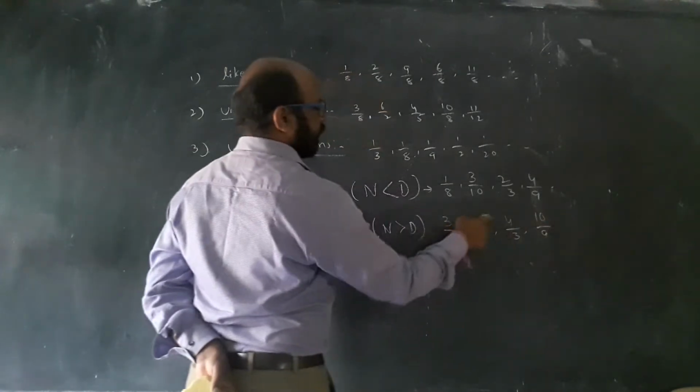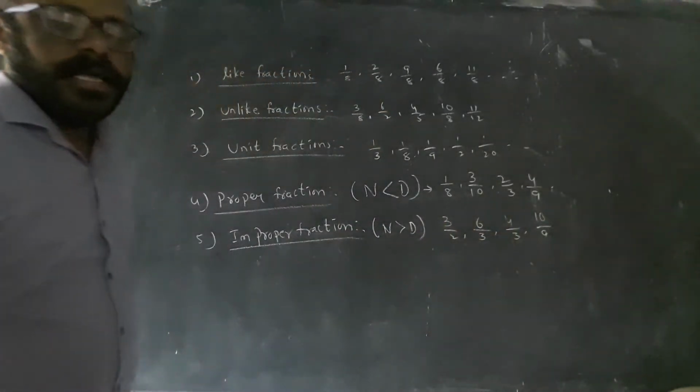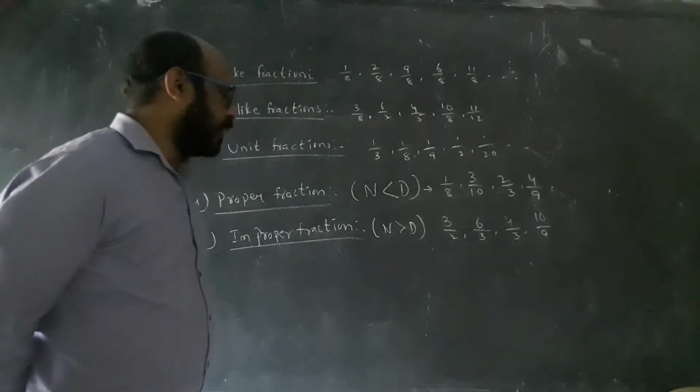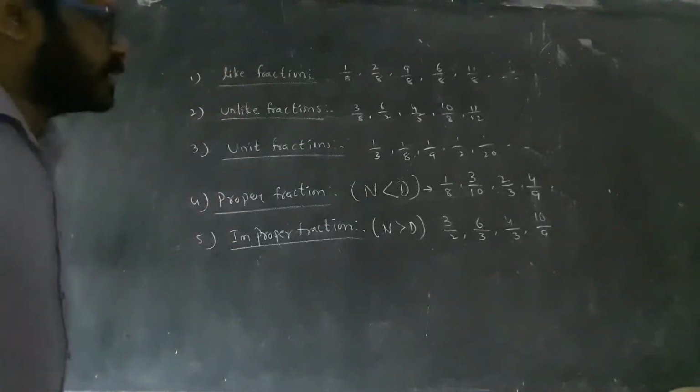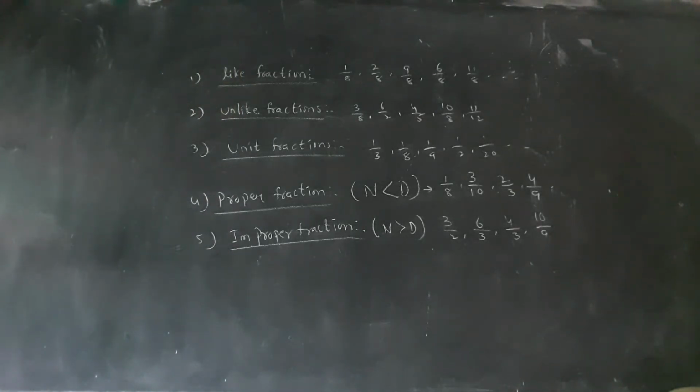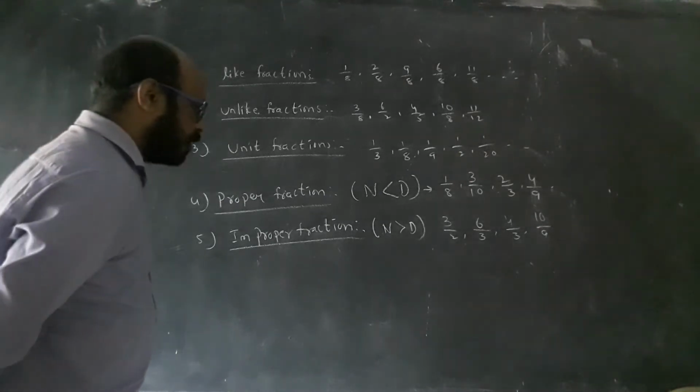These are the 5 types of fractions: like fraction, unlike fraction, unit fraction, proper fraction and improper fraction.